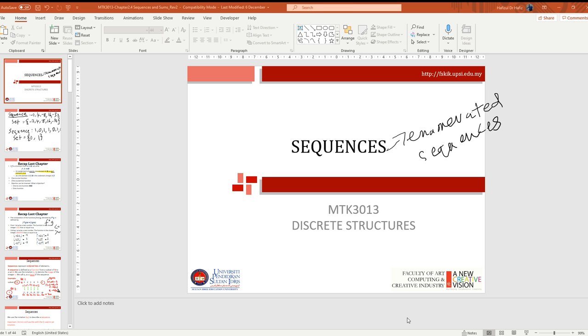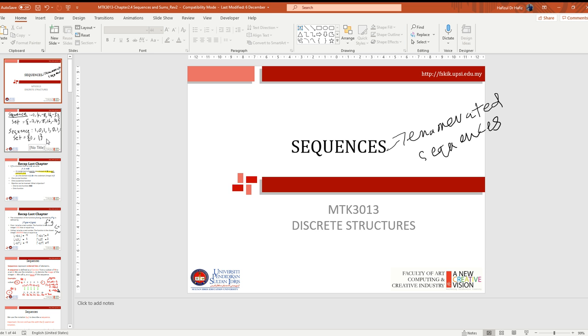Basically, you can jump by the scale of 2 and so on. It contains members, and the number of elements is called the length of the sequence.